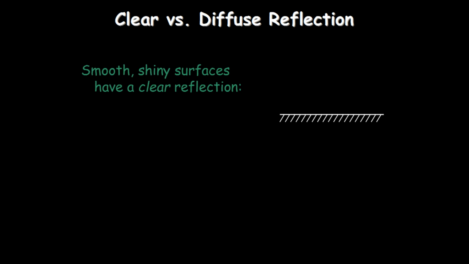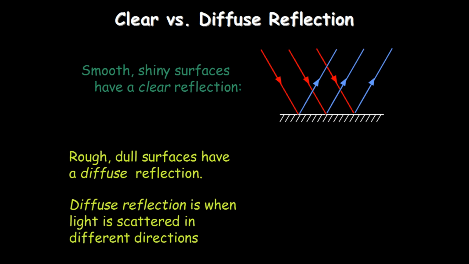We can't see our images or clear details in every object. So in a plane mirror, if some rays strike parallel to each other, they will be reflected parallel to each other. The incident rays are parallel to each other, and the reflected ones are also parallel to each other.